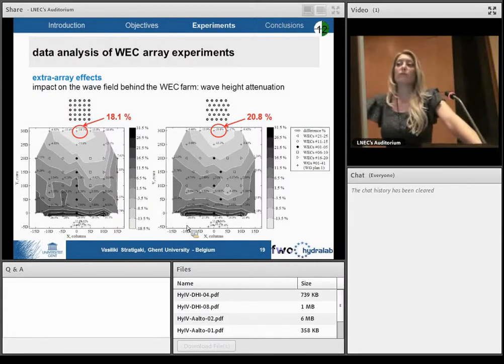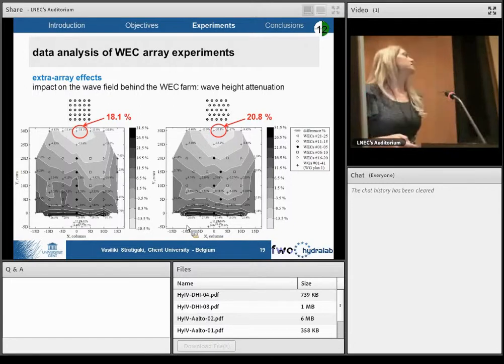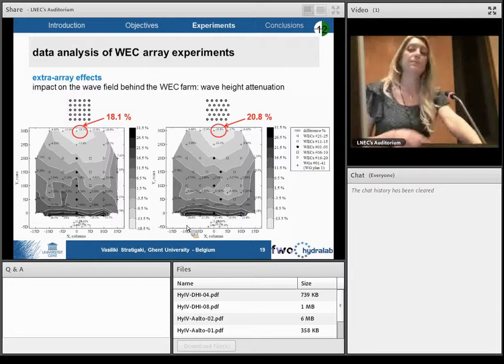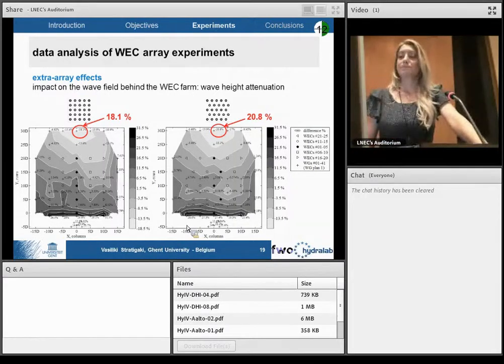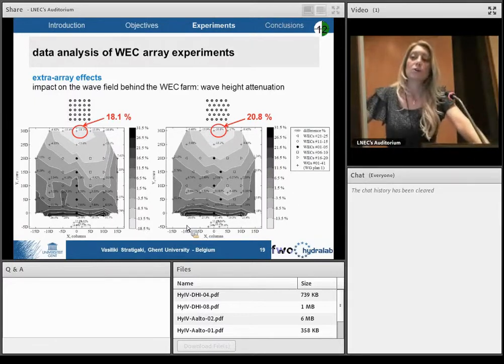And let's take a look at 2 videos from the experiment showing the response of the devices. So you see that we have tests with irregular and regular waves, and the response of the devices is not identical for all of them, and this shows that there are intra-array interactions.